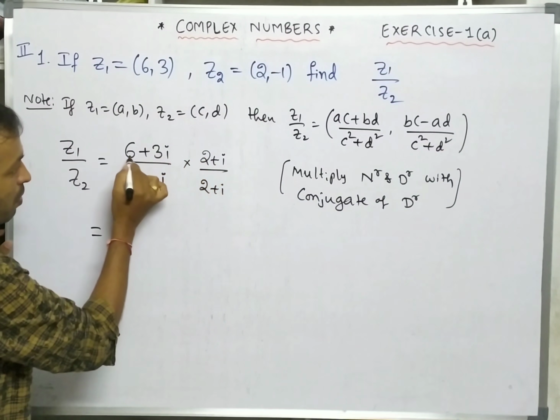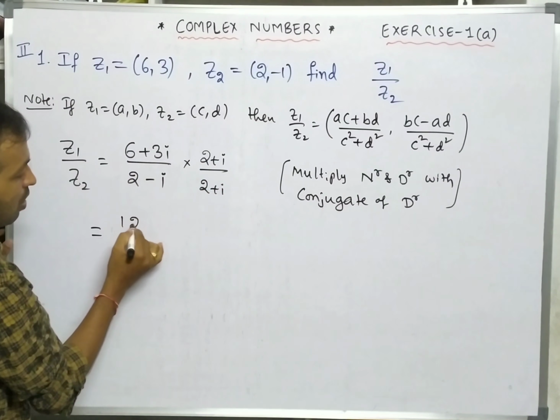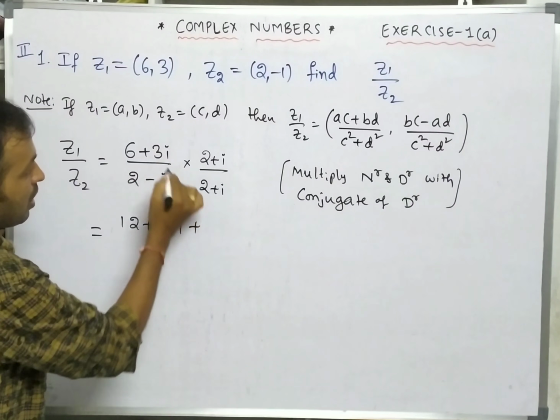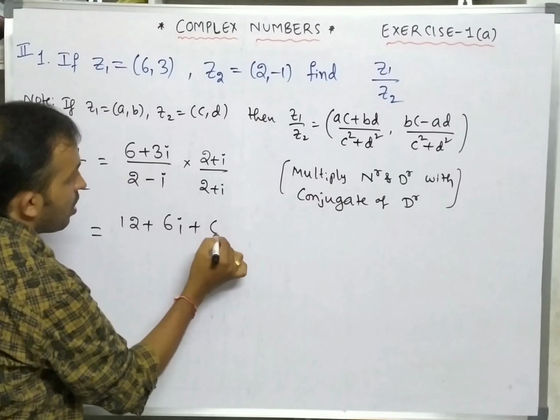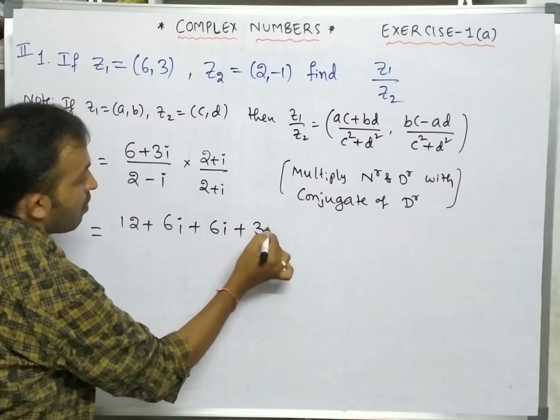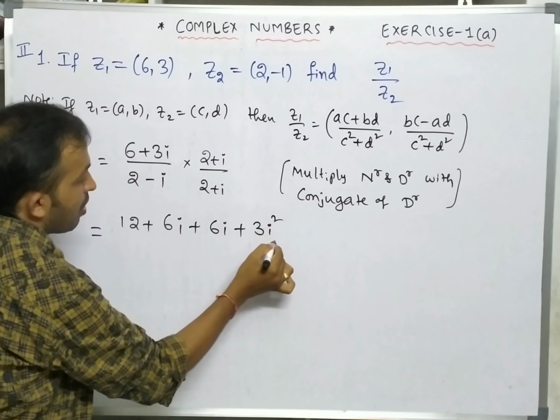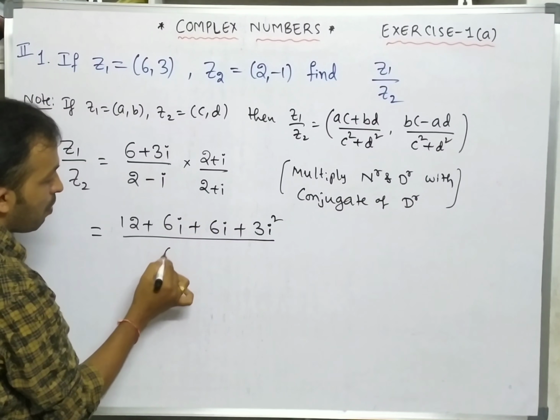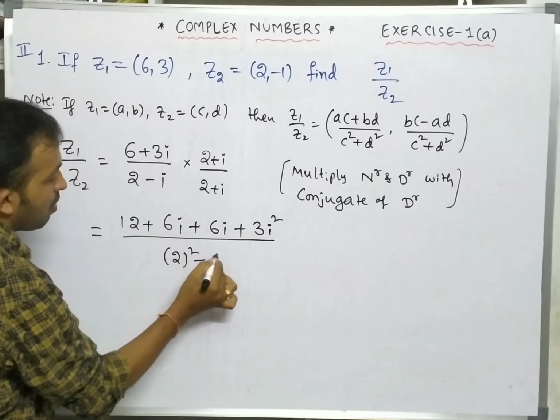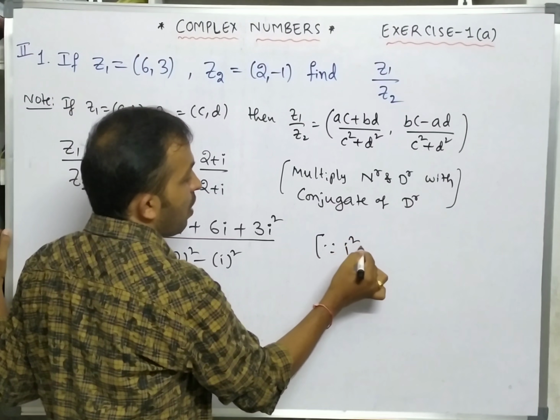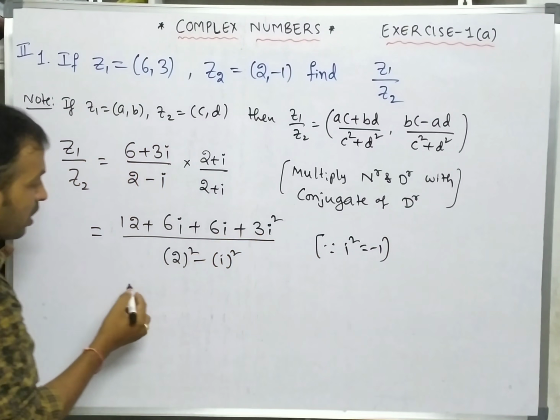Okay, so in numerator 6 into 2 is 12 plus 6 into I is 6I, 3I into 2 is 6I, 3I into I is 3I square. In the denominator, this is of the form a plus b into a minus b, that is a square minus b square. So already we know that I square value is minus 1, substitute here.